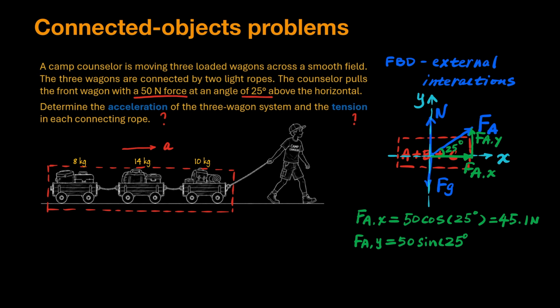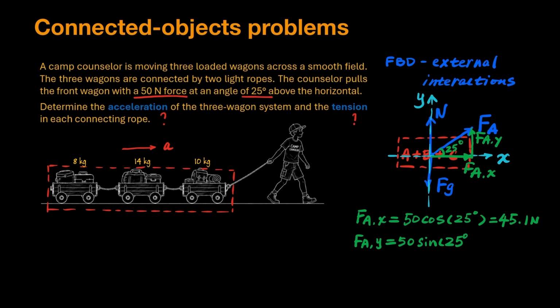FAx is 45.1 Newton. And this gives us a equals 1.42 meters per second squared. And that's it. This is the acceleration of the wagons. And that's the advantage of the system approach. 3 wagons have become one dynamic problem with one net force, one total mass, and one acceleration.